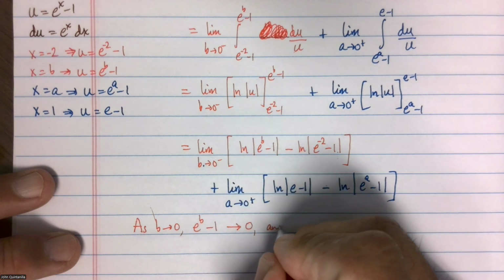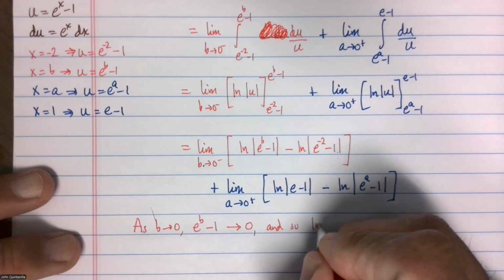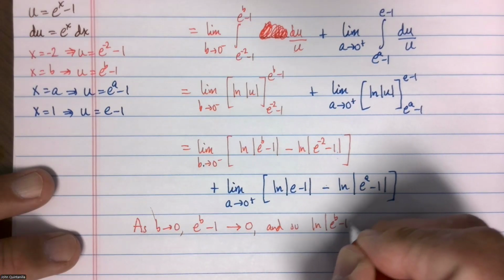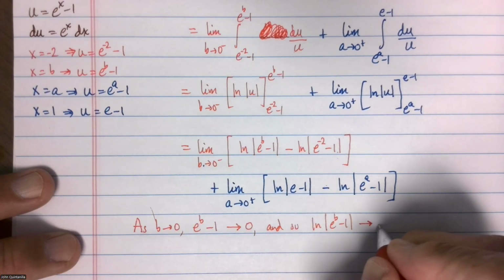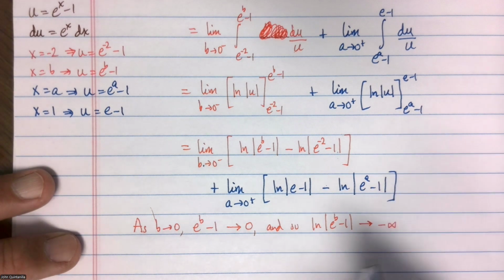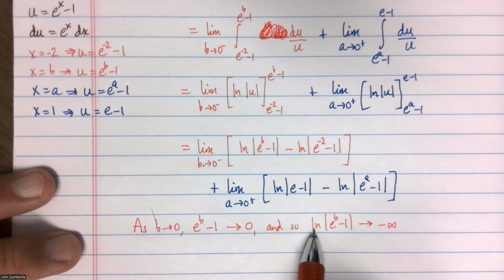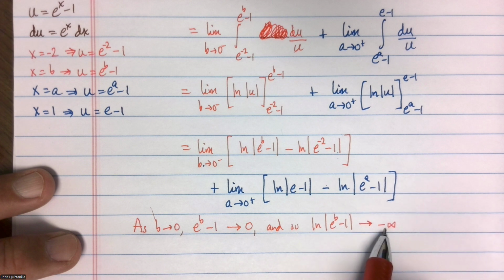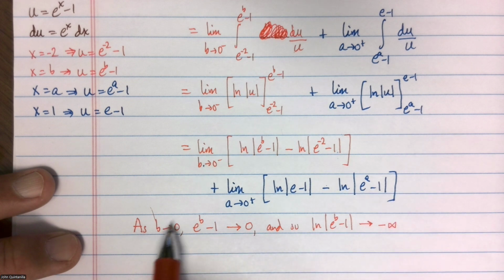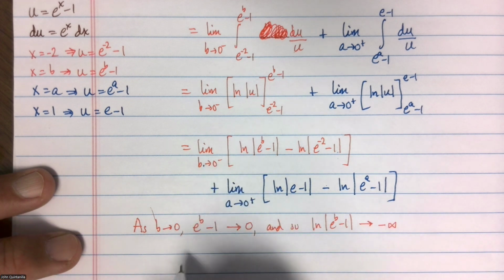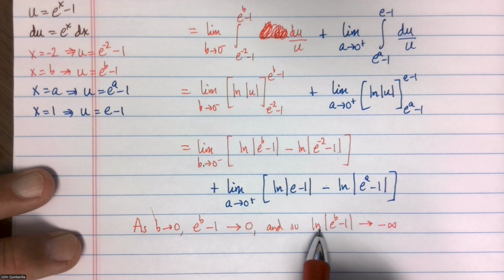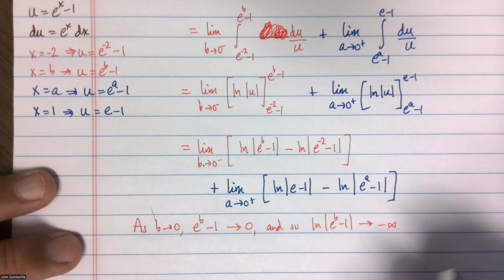And so the natural log of absolute value of e to the b minus 1, that diverges. That goes to minus infinity because natural log of x goes to minus infinity as x goes to 0. So as b goes to 0 from either above or below, e to the b minus 1 goes to 0, and the natural log of something that goes to 0 blows up negative to minus infinity.